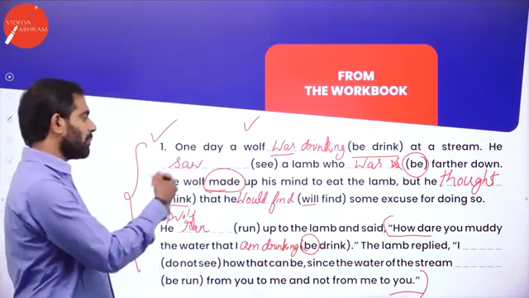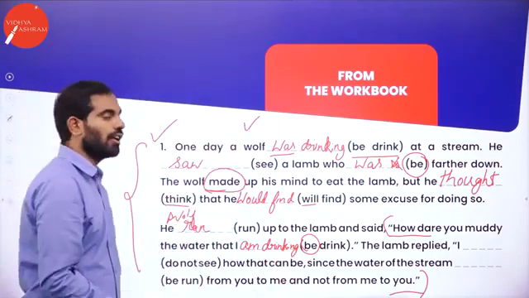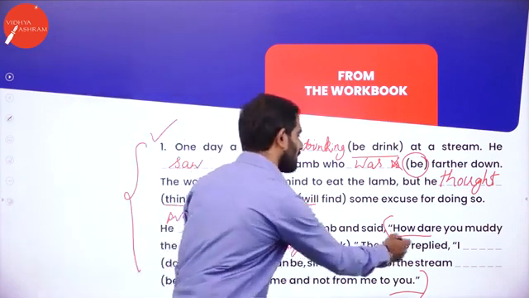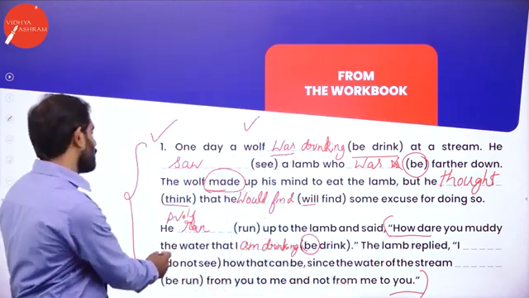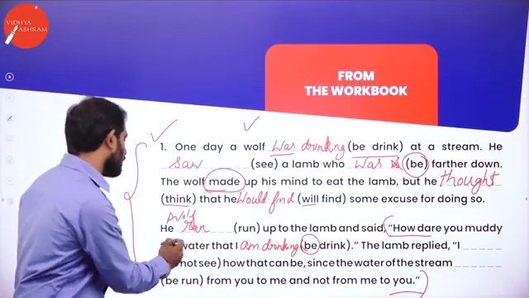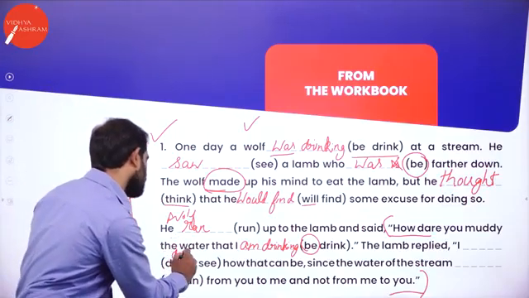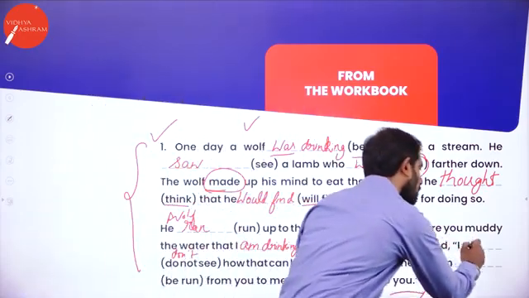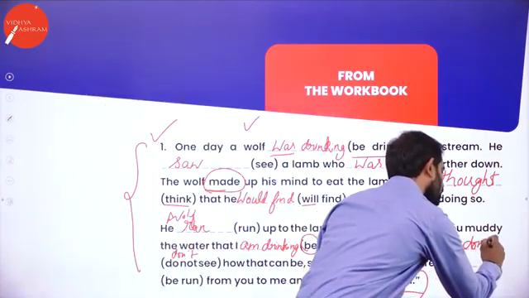The lamb replied. Now these are the words from the lamb to the wolf. The lamb: I do not see, or you can either write I don't. Do not see is nothing but don't. I don't, or do not, is also fine.